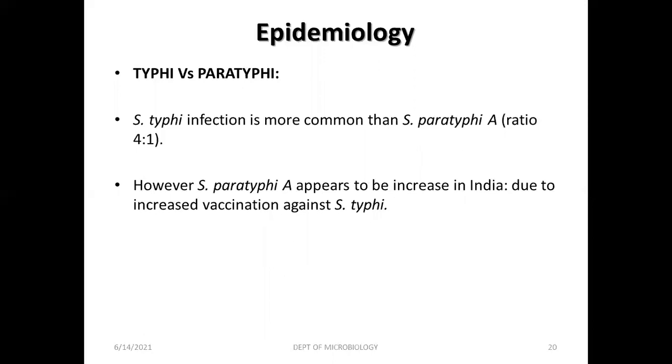Salmonella typhi versus paratyphi: Salmonella typhi infection is more common than Salmonella paratyphi A. The ratio is 4:1. However, Salmonella paratyphi A appears to be increasing in India due to increased vaccination against Salmonella typhi.